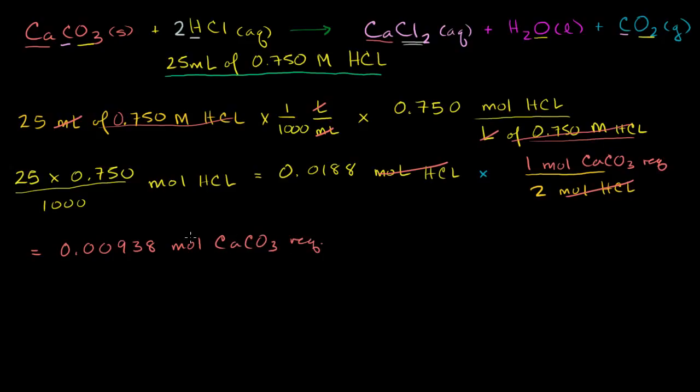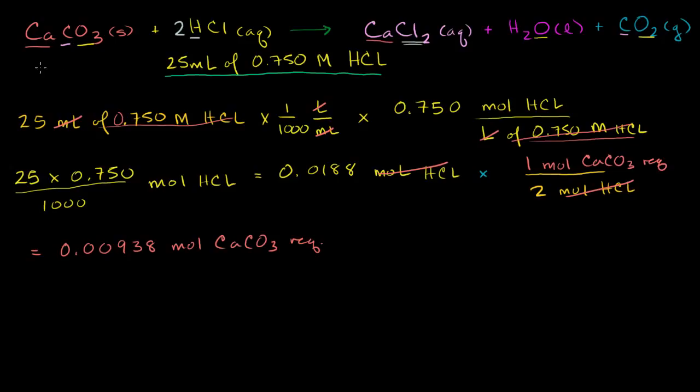Remember, the question that we asked is, what's the mass of calcium carbonate required? So we need to essentially multiply this times the molar mass. So we want to convert this into grams. I'll switch colors just arbitrarily. To put it into grams, we have to figure out the molar mass of calcium carbonate.